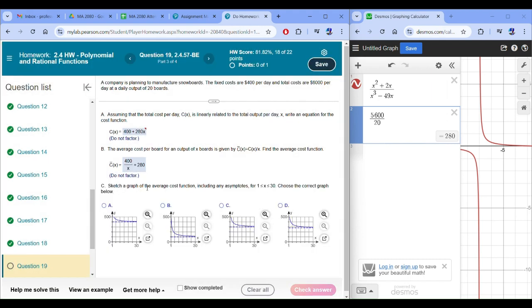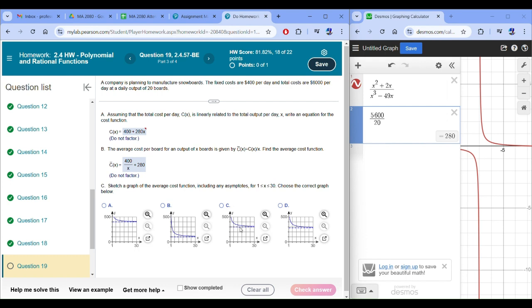Sketch a graph of the average cost function. The average cost function starts at 800, and then eventually it's going to level out to be around 280. So is that 280? That's 100, 200, 300, 280.